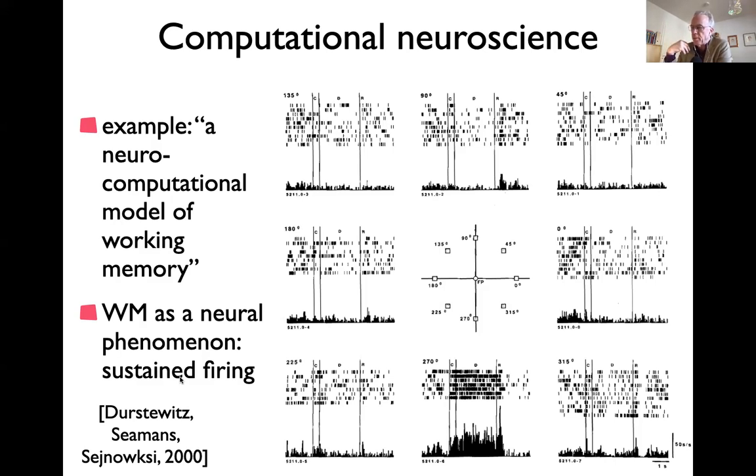That is, if you get a certain input or a certain task, and you have to hold that task in your mind before you can actually act on it, then neurons that are involved in that task would keep firing, even though there is no sensory input to those neurons anymore. So they keep firing just by virtue of the connections among these neurons.